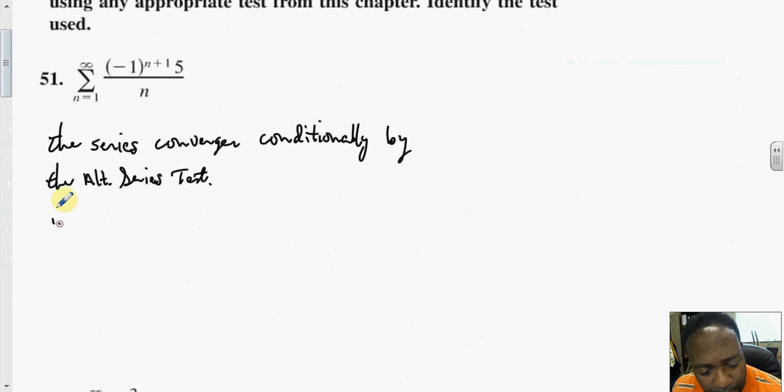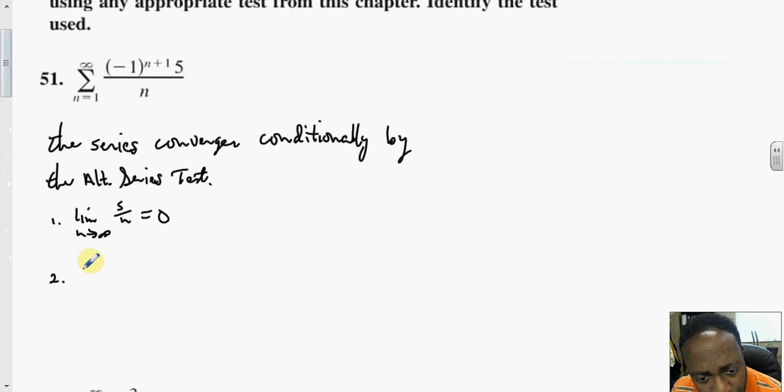You remember that test said 1, look at the limit of the sequence, 5 over n. You want the limit to equal 0.